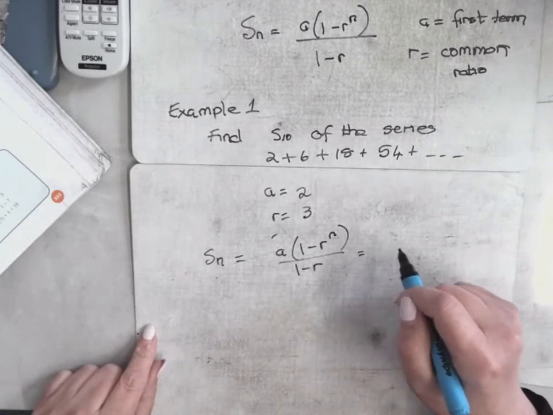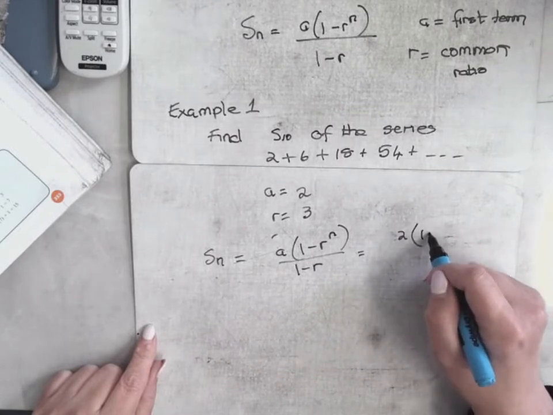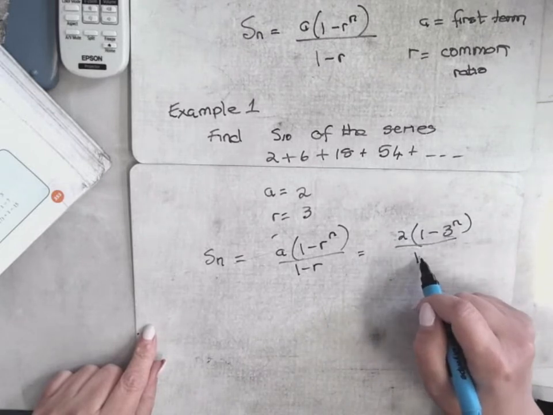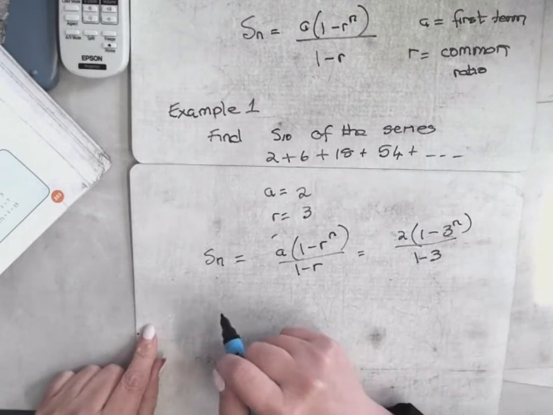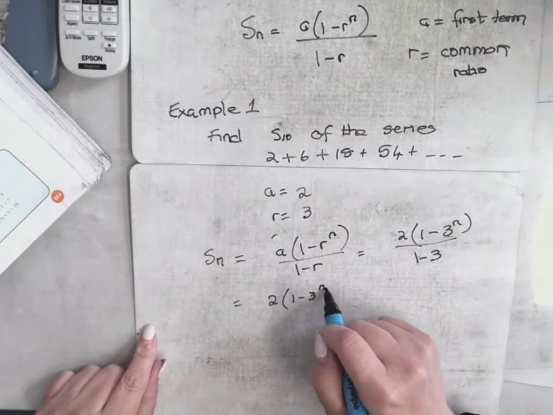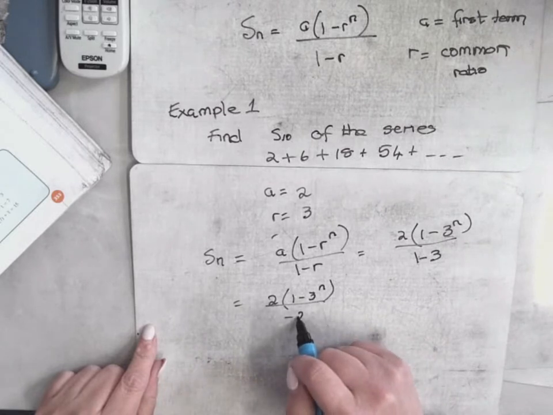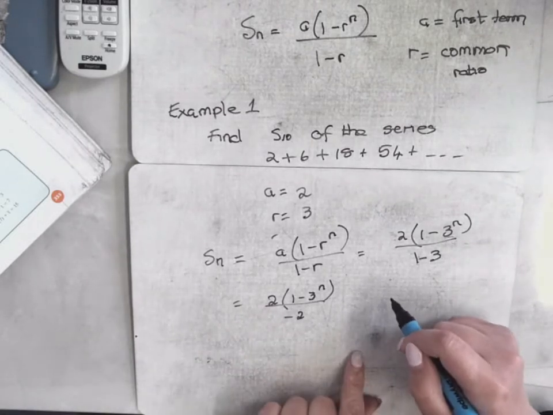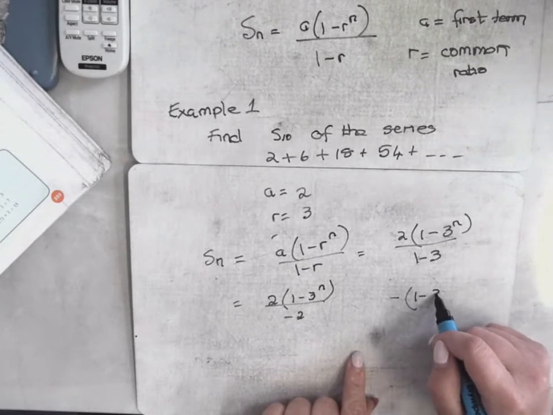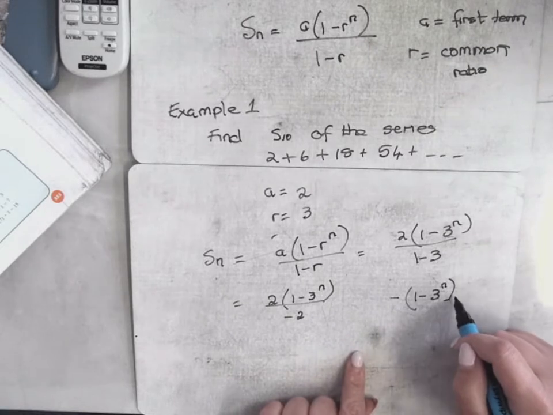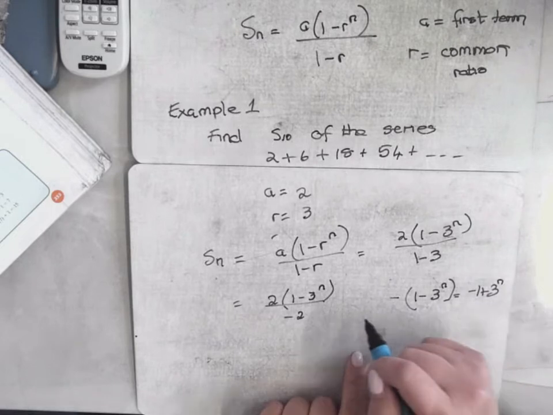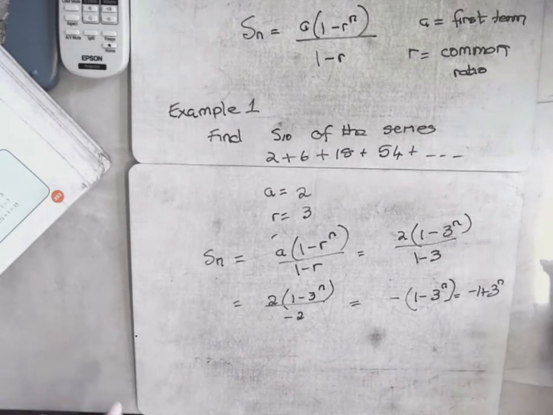So that would be 2 times 1 minus 3 to the power of n all over 1 minus 3, so 2 times 1 minus 3 to the power of n divided by minus 2. And 2 divided by minus 2 is minus 1. So it's minus 1 times 1 minus 3 to the power of n, which would be minus 1 plus 3 to the power of n. That's it simplified. You probably don't need to simplify it.